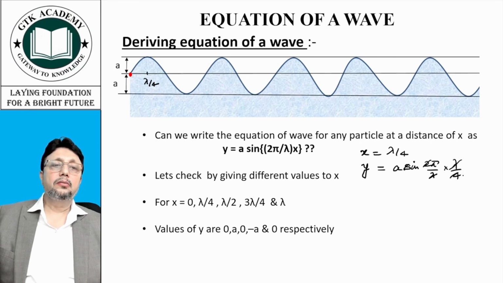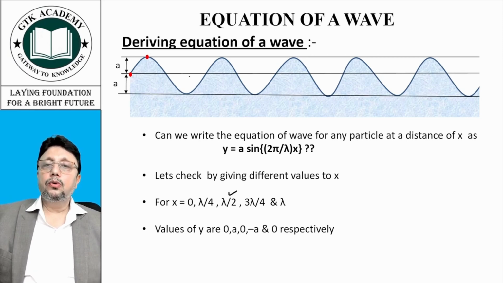That means pi by 2, and sine pi by 2 is 1. It will be a. That means the next point we got, this one. It's correct.